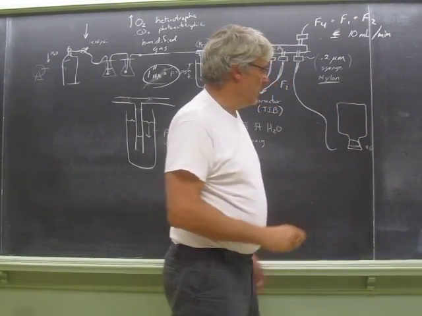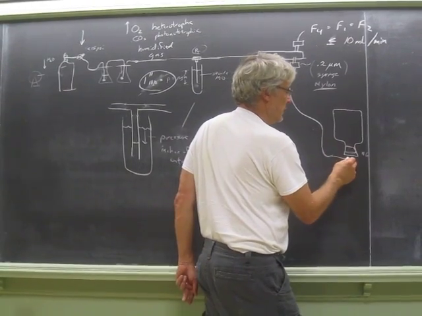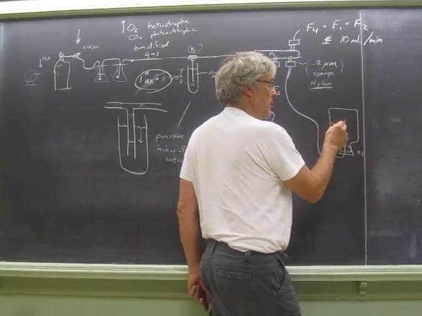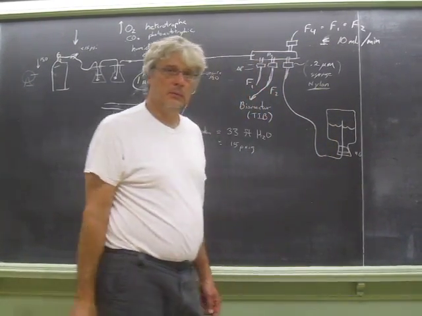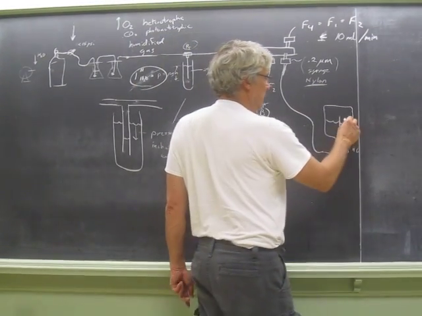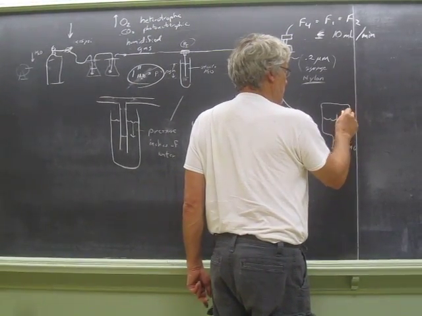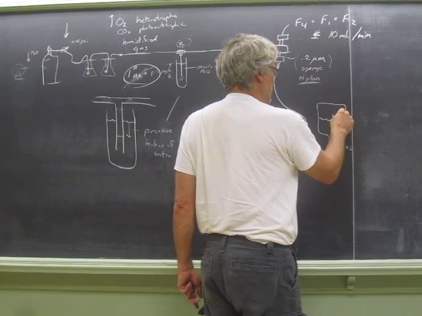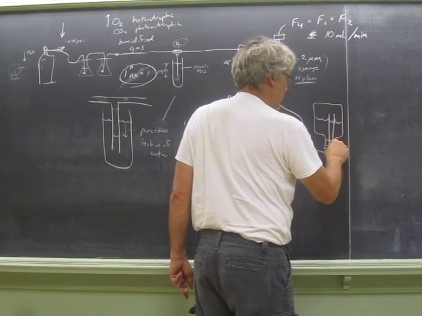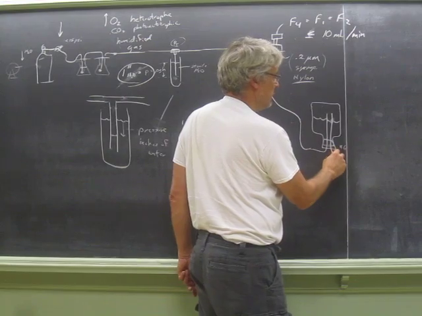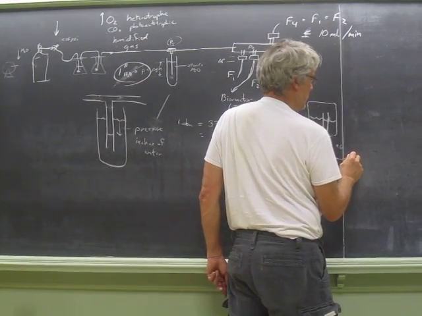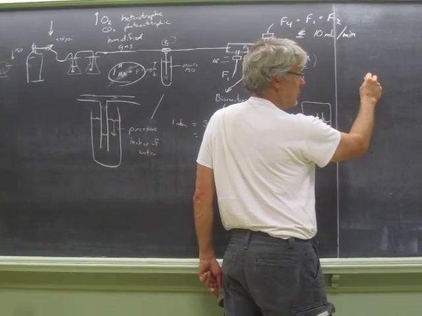And that gas could go in there and up into a tube, and that tube would be above the liquid level. And the pressure would be the same as another line that would go to the headspace of the actual reactor itself.